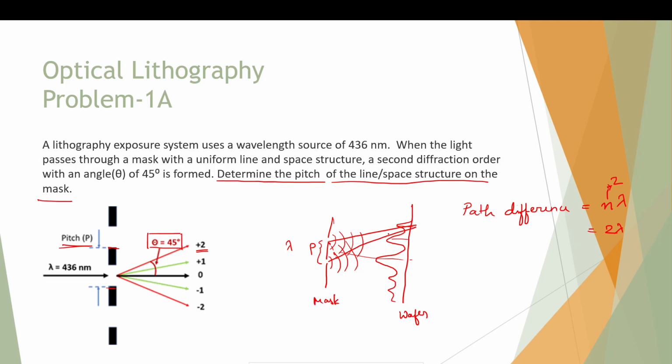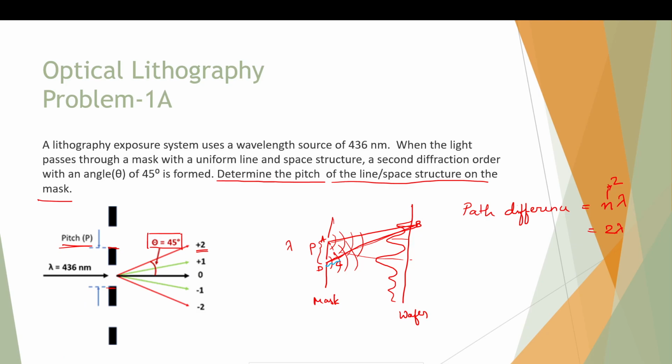Assuming that this is considerably far compared to this pitch P, we can say that the distance from A to B is approximately the same as B to C. So the path difference is arising only from this portion CD.